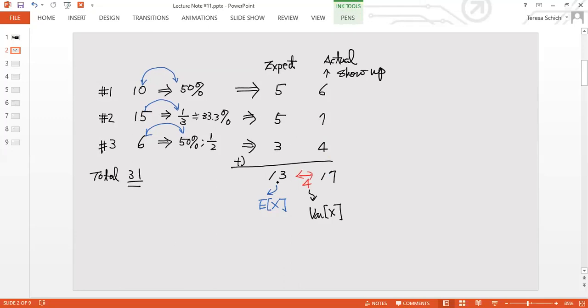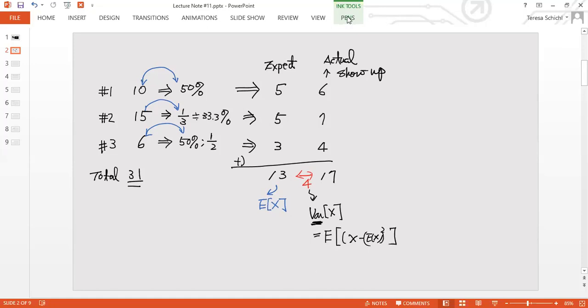That means you expected 13, but the actual show up is 17. So how big is this variation? That is another expected value. Really this is the expected value of X minus the expected value of X, right? And then you find it.